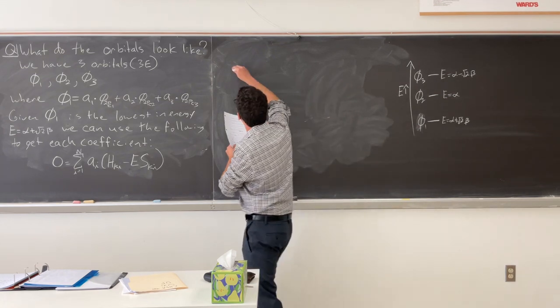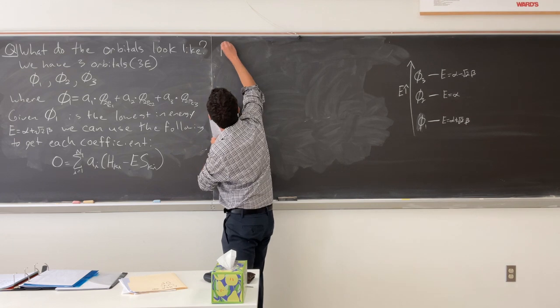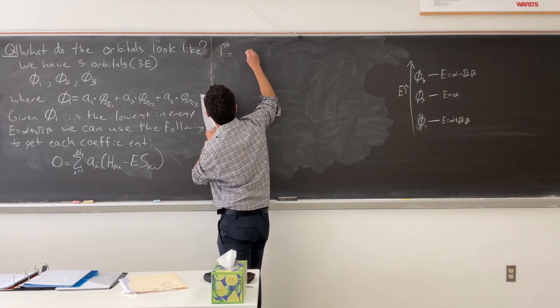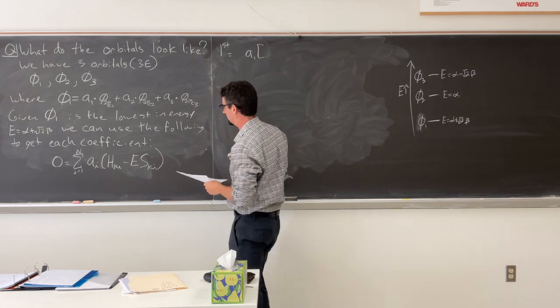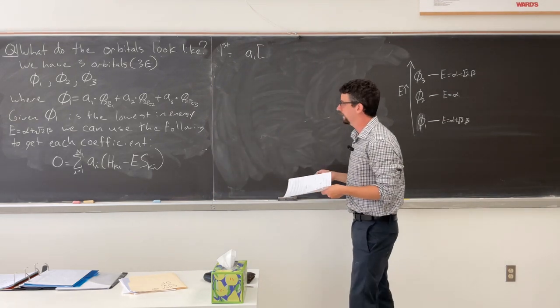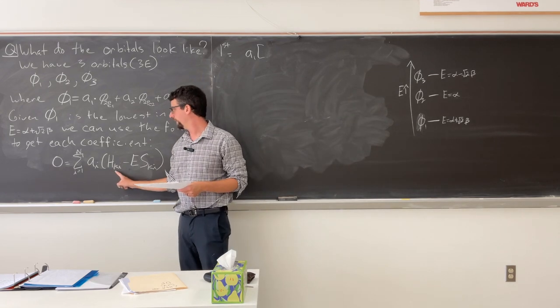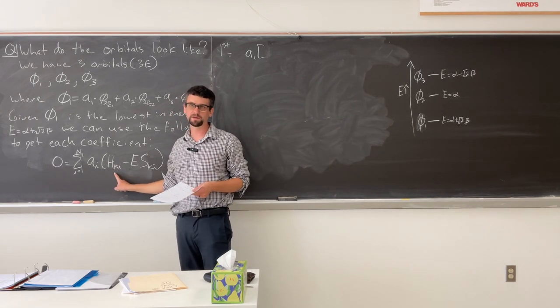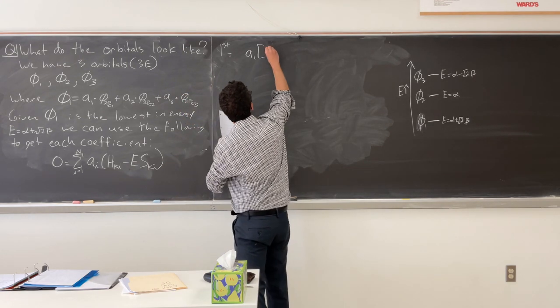So this results in 3 different equations. The first equation: A1 times, okay, we're looking at A1, we're going to have H11. What symbol did we give H11? Alpha, yep.